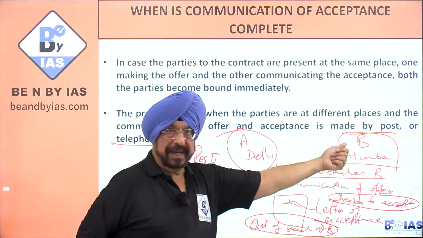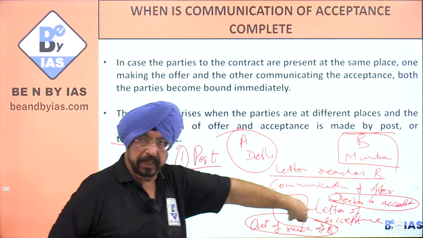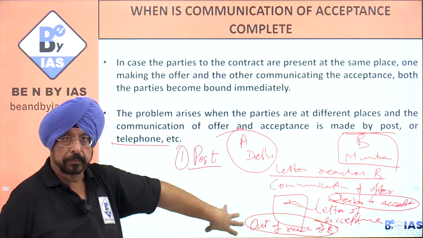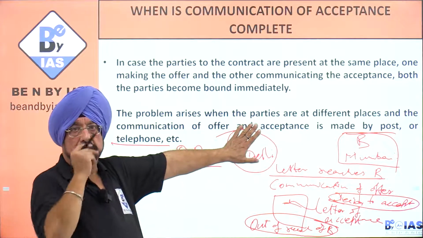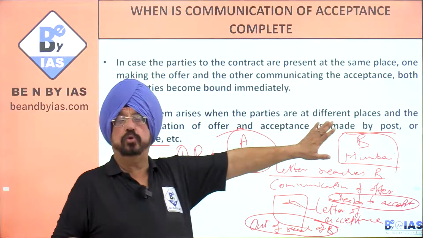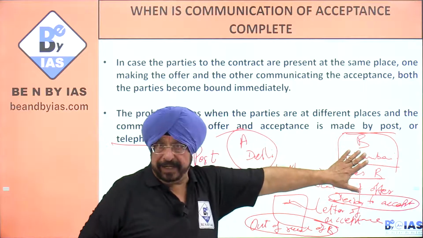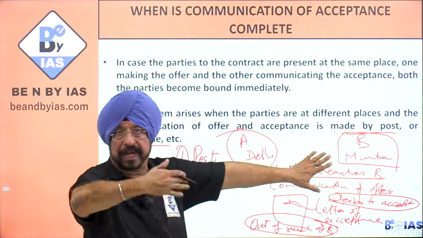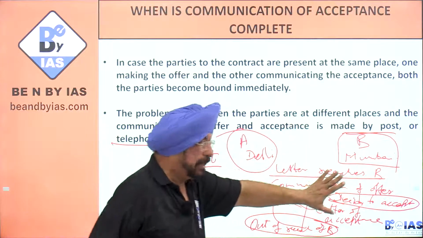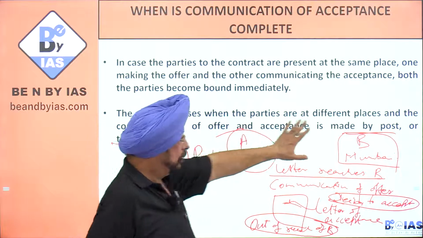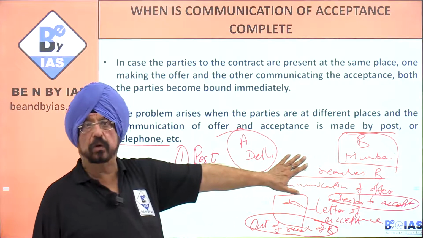A. B has accepted. Now it is beyond the reach of B. He has put it in the course of transmission. Now A has become bound, क्योंकि उसकी ऑफर एक्सेप्ट हो चुकी है. He cannot withdraw his offer, can he? Look at it from this angle. Can A now, after B has accepted, withdraw his offer, revoke his offer? No, he cannot.